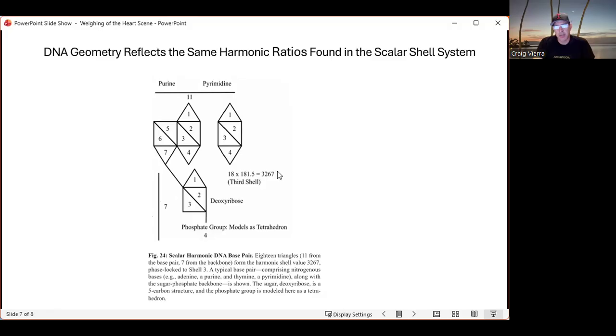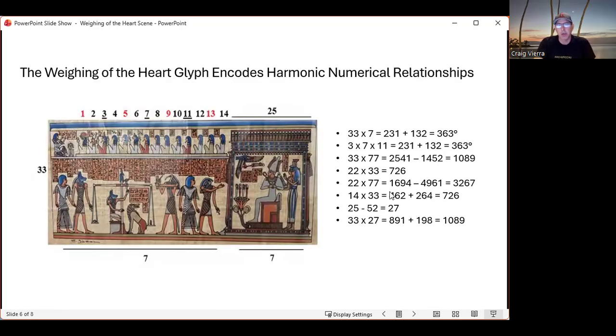So we have a connection to one base pair and also one turn, or one cycle, in the DNA. That means that back in this glyph, to me, there's an encryption of DNA as well.